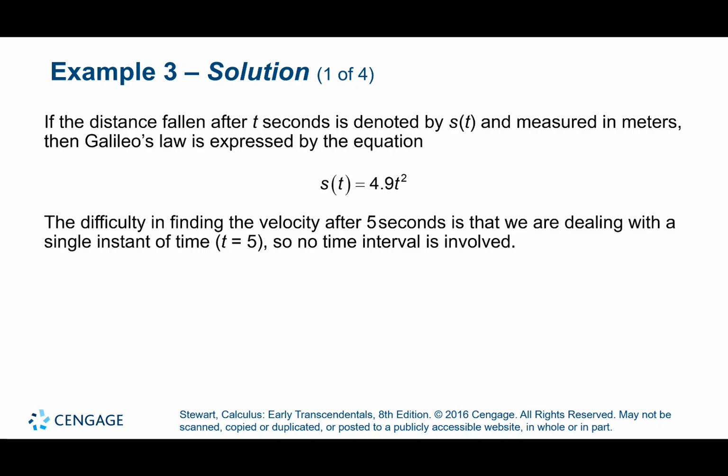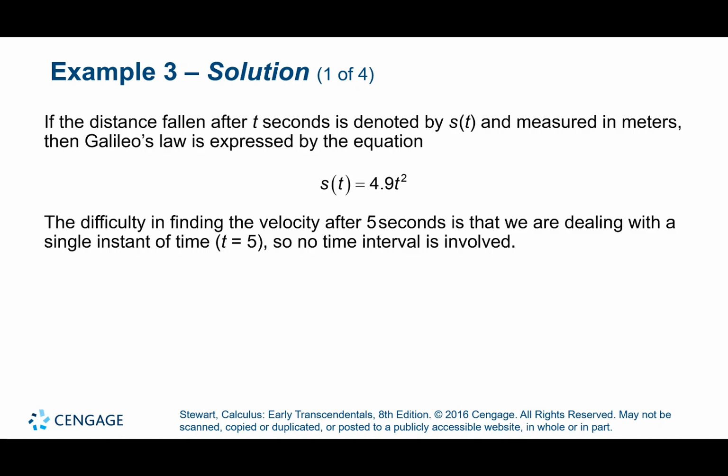So the problem is we want to know how fast this ball is going exactly at the point in time after 5 seconds have passed. So we don't have a time interval where we can just say, okay, it went this far after this amount of time. We want to know how fast it's going at this one exact instant in time.